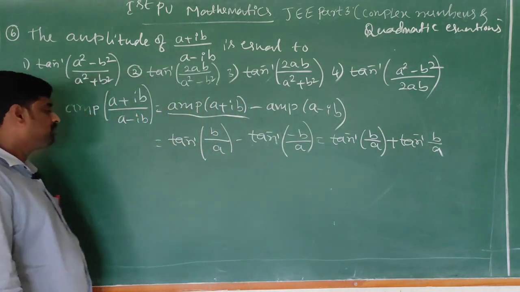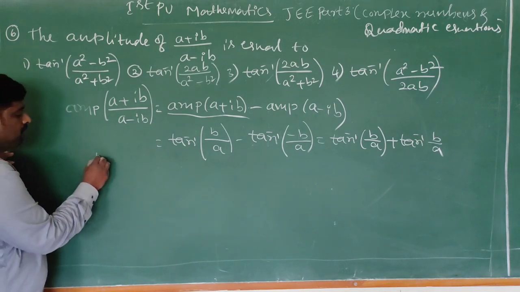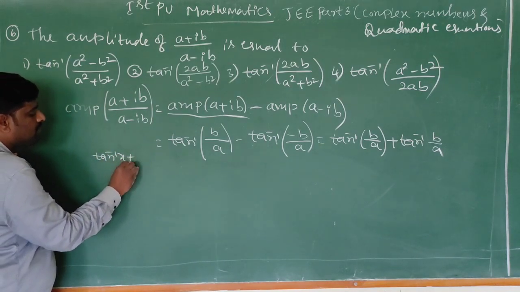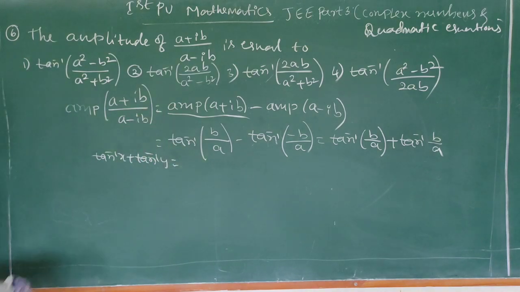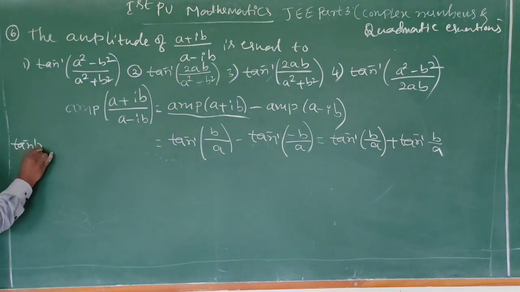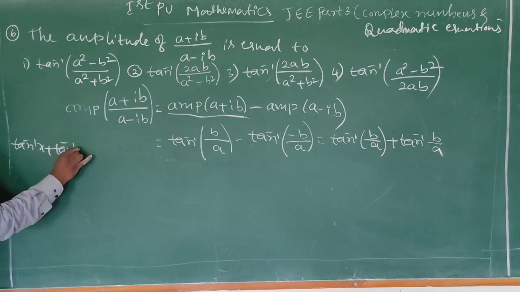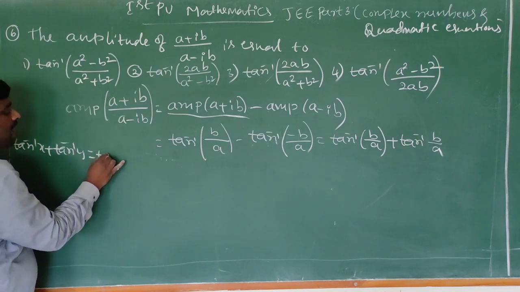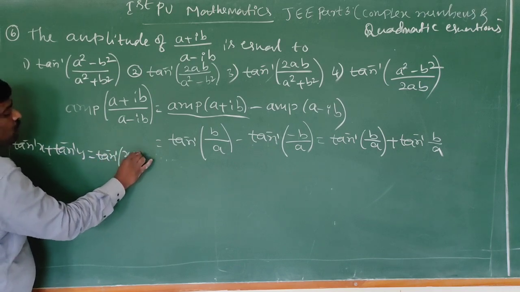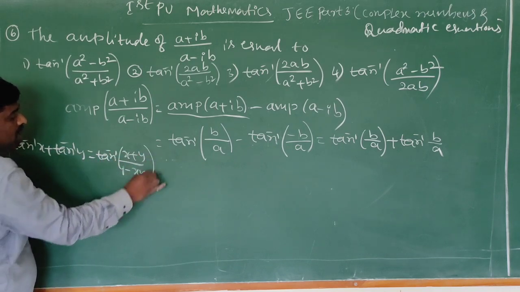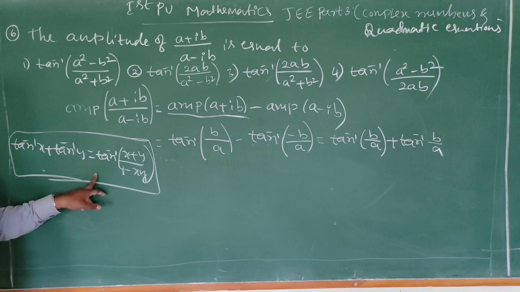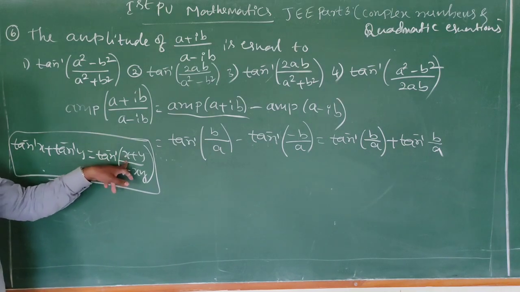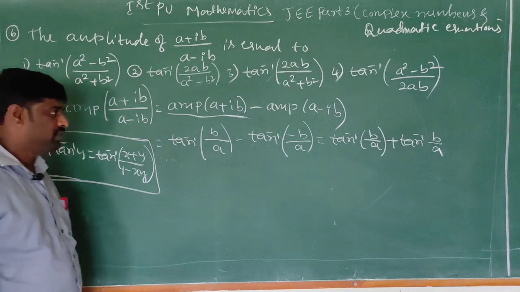We have one formula: tan inverse x plus tan inverse y equals tan inverse of (x plus y) divided by (1 minus xy).